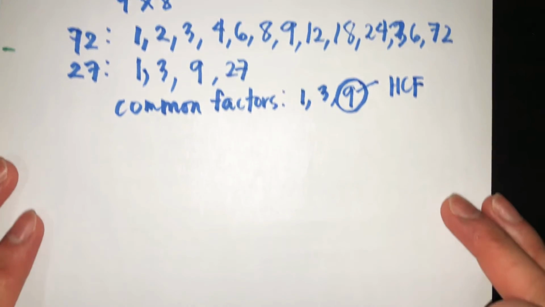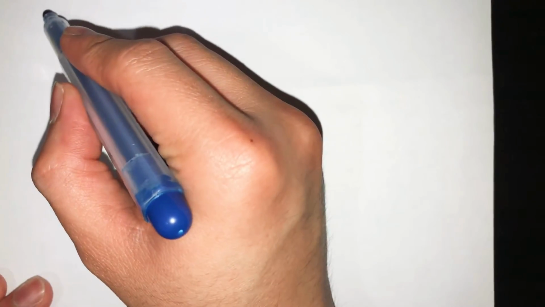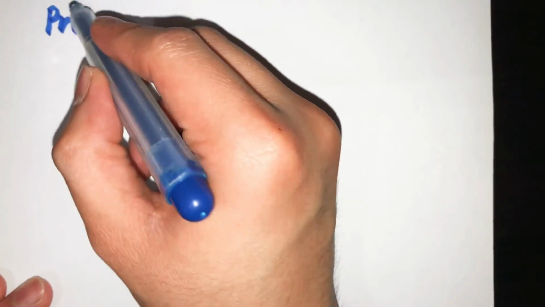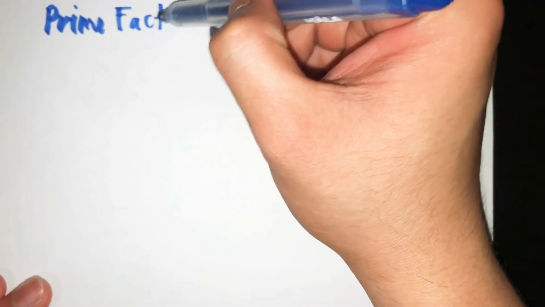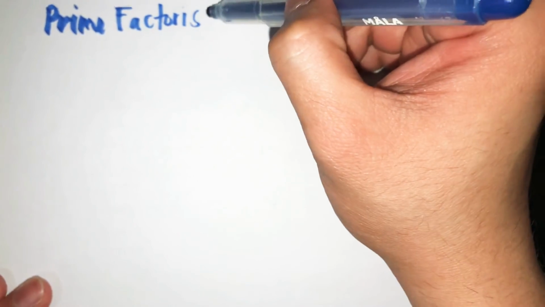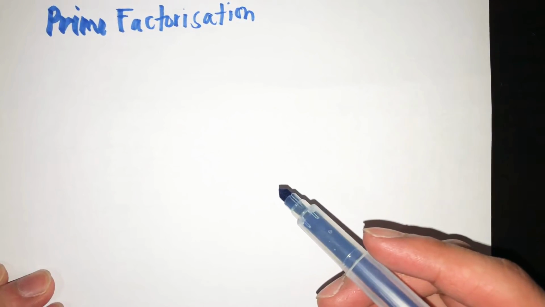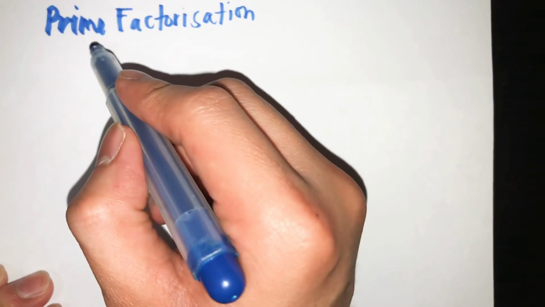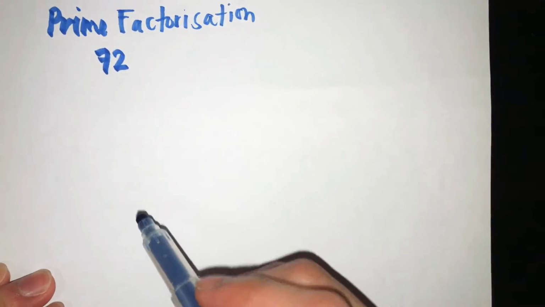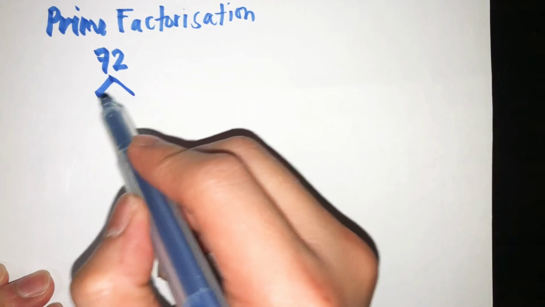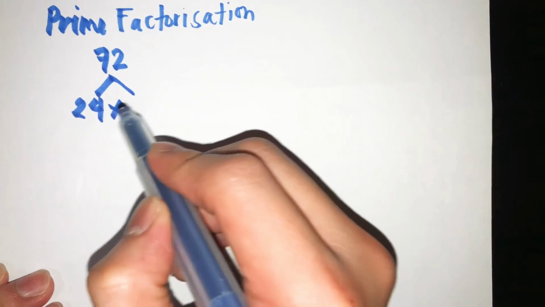Now using prime factorization, okay, so if we do the prime factorization, let's write here prime factorization. Okay, so we have now for 72, we can have 24 times 3.